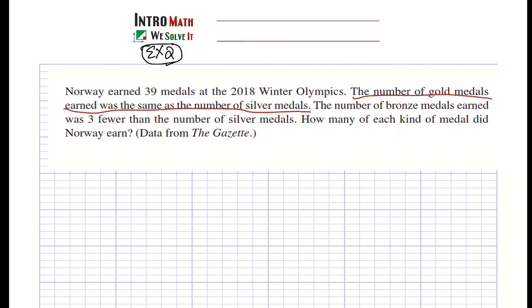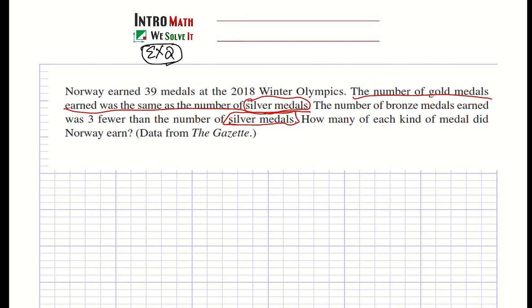They're comparing two things. And then it says the number of bronze medals earned was fewer than the number of silver medals. That's your cue, because what they do is pick one variable out of the three being compared and compare the other two with it. You always look for your cue. See what they are comparing with what.